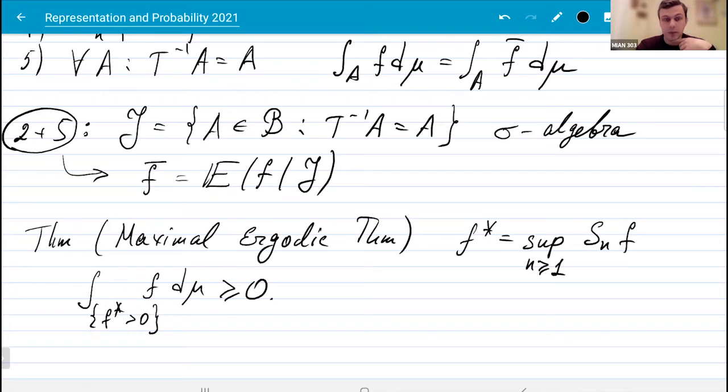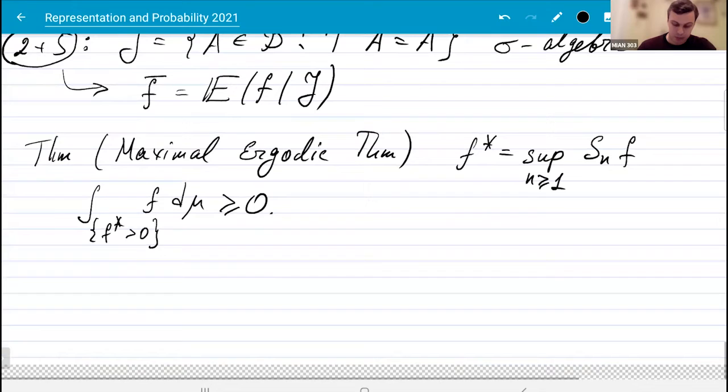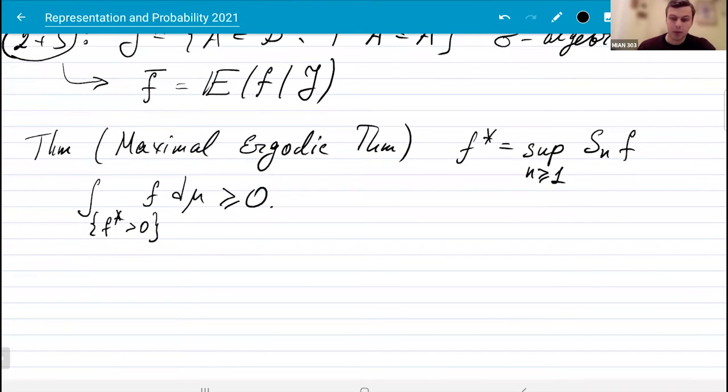Then this is what I want to prove. Okay, so let me explain how to prove a statement of this sort.